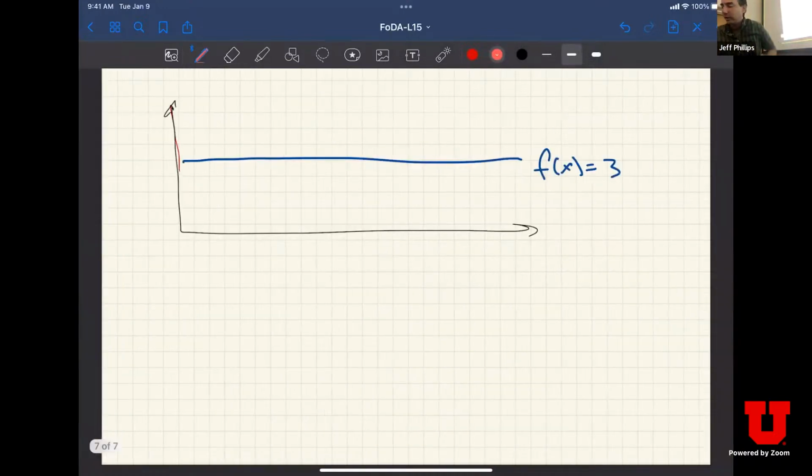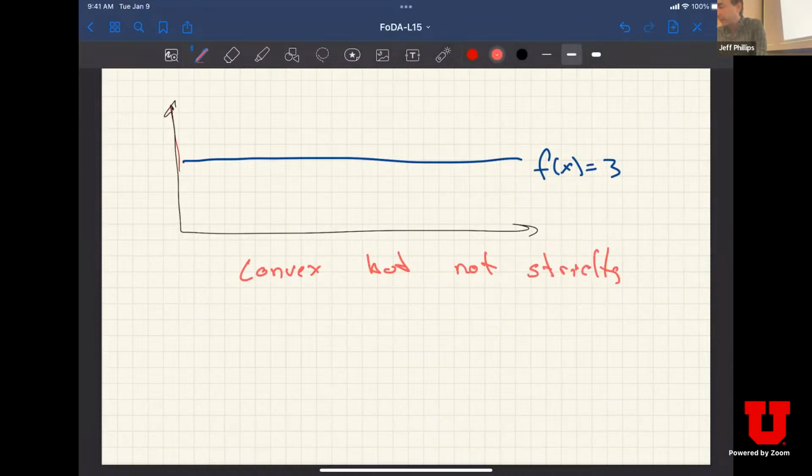This function is convex, but not strictly convex.